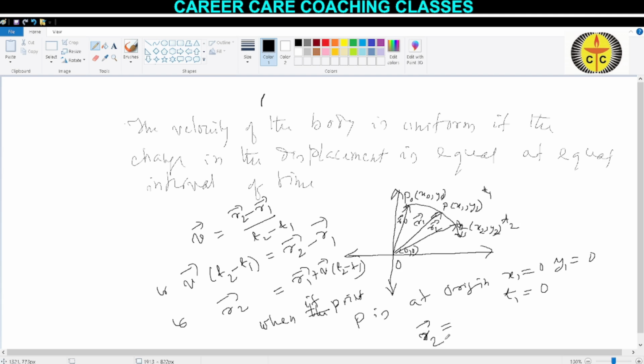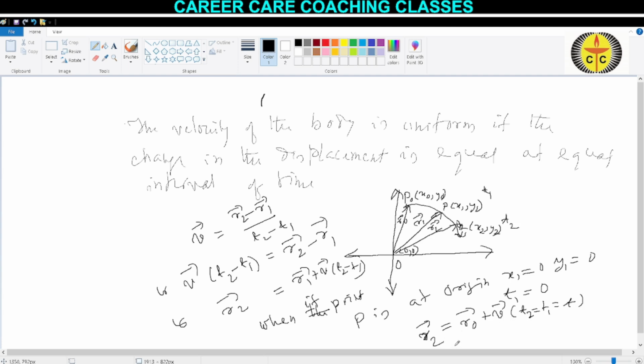Or you can write R2 is equal to R0 plus V t2, or in general t2 is equal to t.